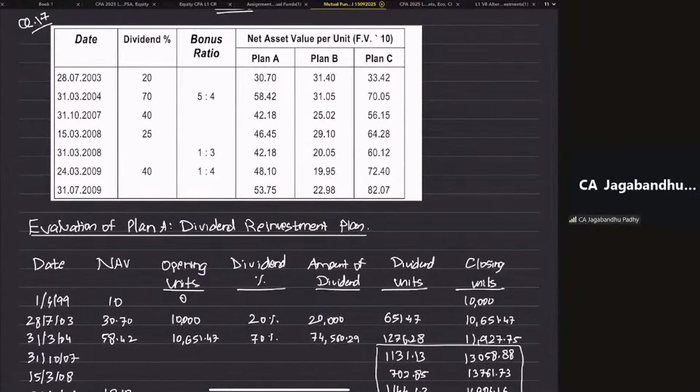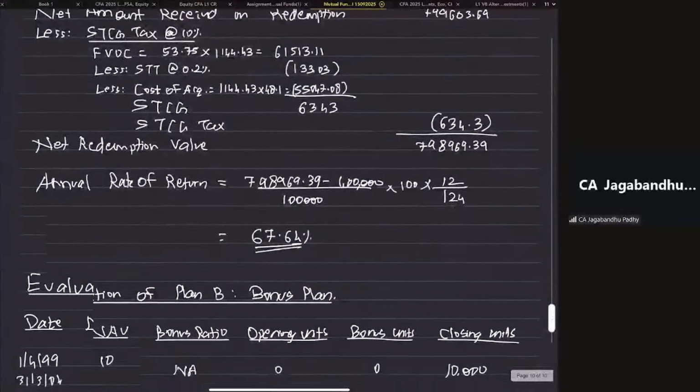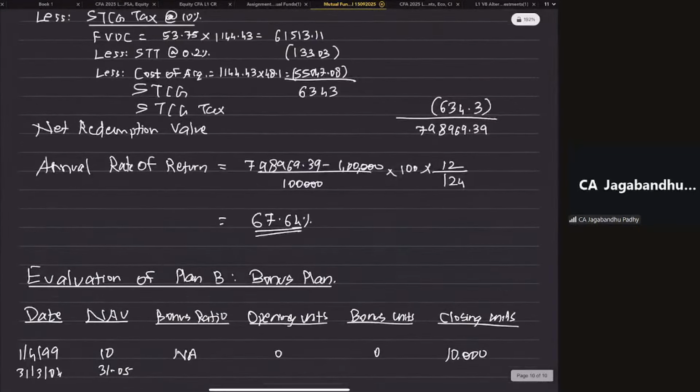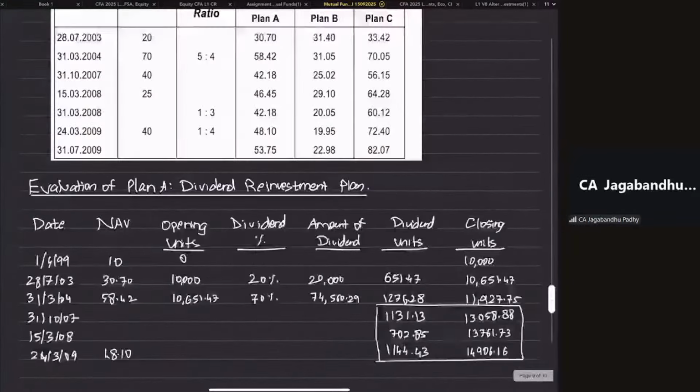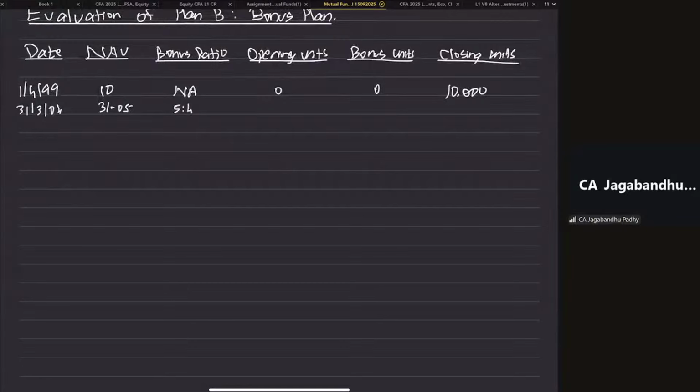What's the NAV at that time? So here we have a bonus plan. The NAV at that time is 31.05. But this NAV is actually of no use for us because the bonus is not allotted based on the NAV, but based on the bonus ratio. So we have a bonus ratio of 5:4. Opening units is 10,000.